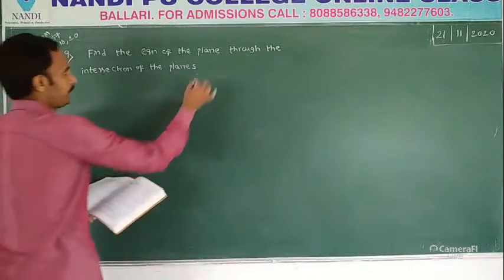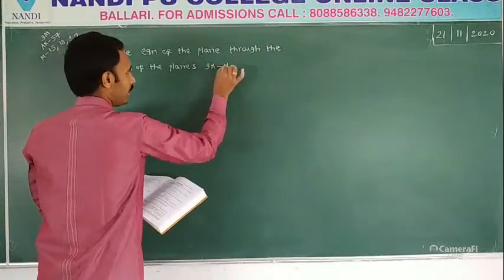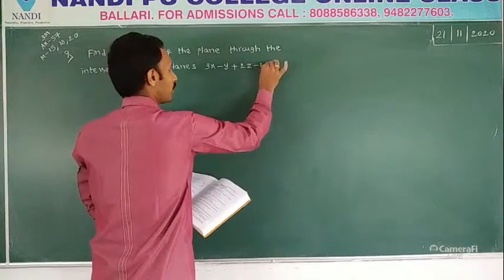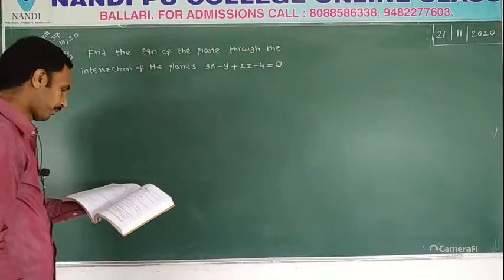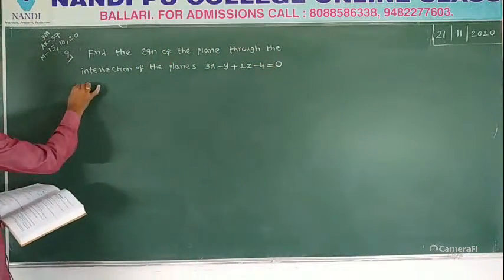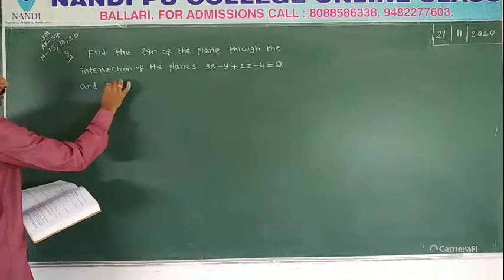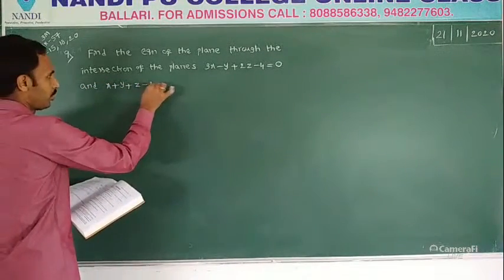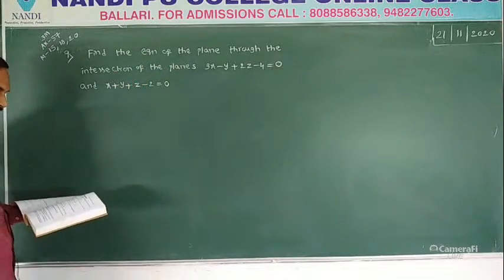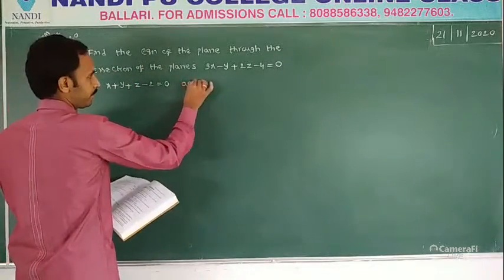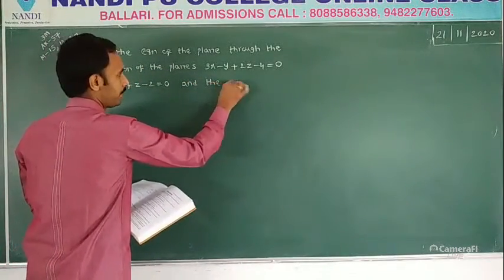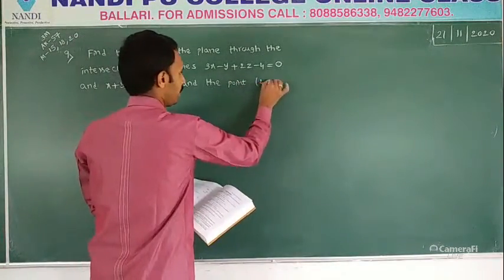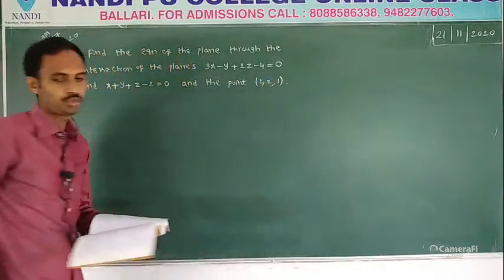3x minus y plus 2z minus 4 is equal to 0, and x plus y plus z minus 2 is equal to 0, and the point (2, 2, 1).